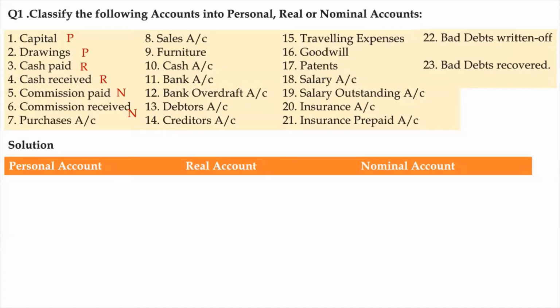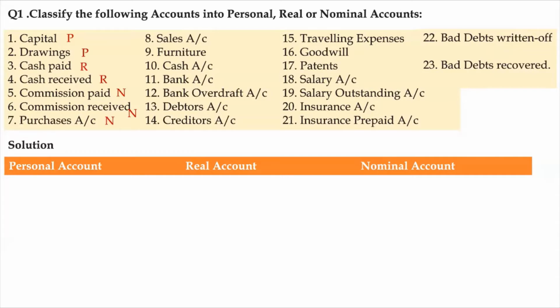Okay. Now the seventh one is purchases account. Purchases means you are incurring expenditure. This purchase is expense and expense is related to nominal account.